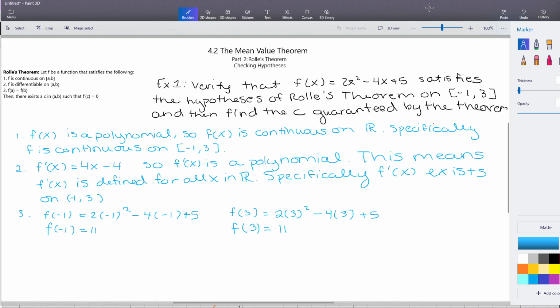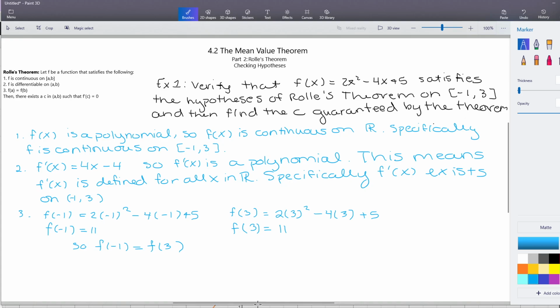Okay, now again, it's obvious that these are equal, but we want to be very specific when we're verifying this. Okay, so f of -1 is equal to f of 3, right? This is what we're trying to check.